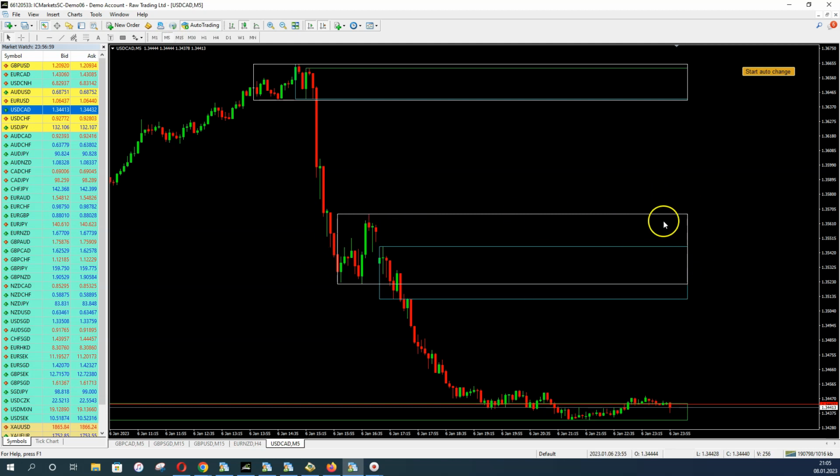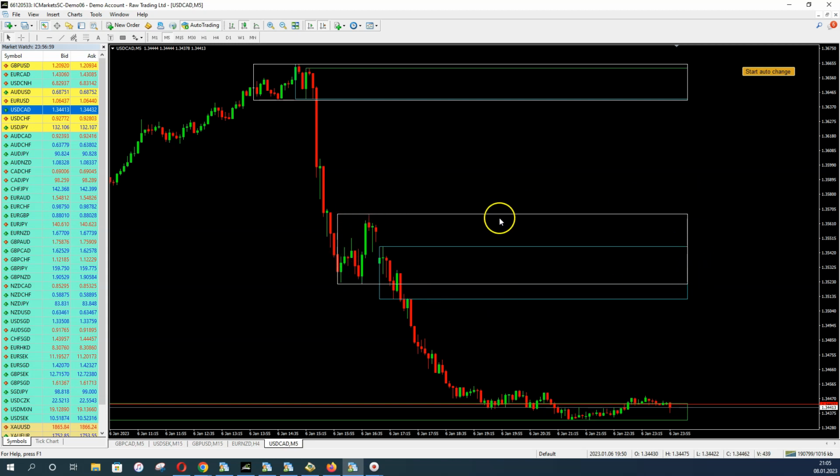If you want to see why this H1 zone has been created, of course you have to go to the H1 time frame, because here every candle represents 5 minutes, and this box is a H1 box, so we had a full hour here.